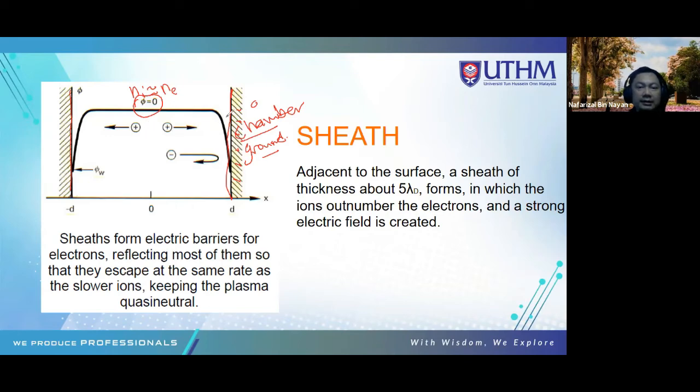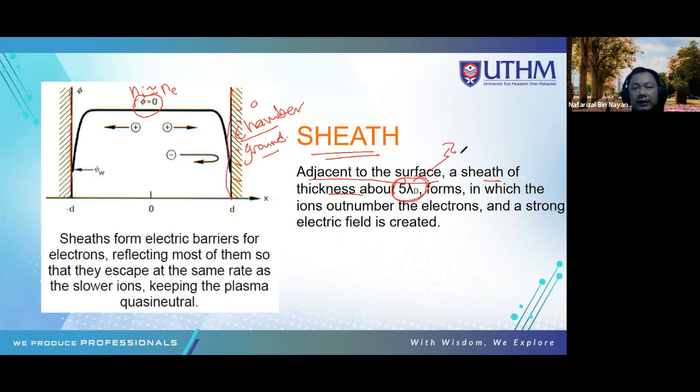In this condition, there is a region we call the sheath. The sheath is a region adjacent to the surface, with a thickness of about 5 lambda. This is an important value, 5 lambda.